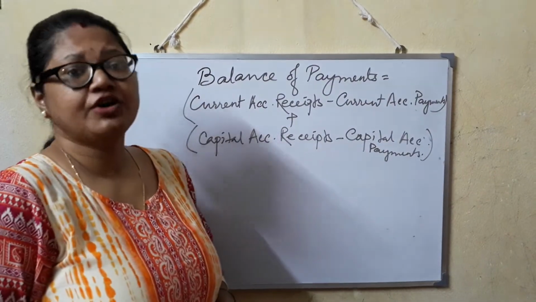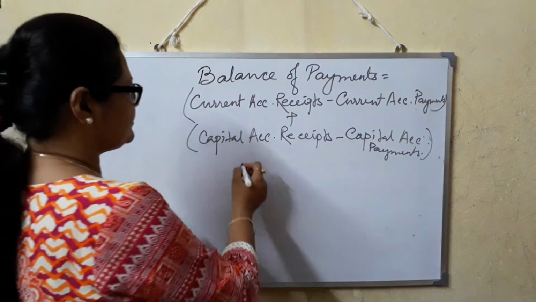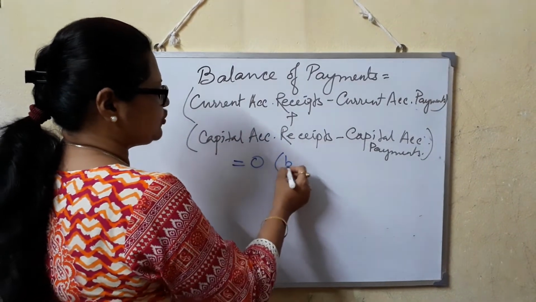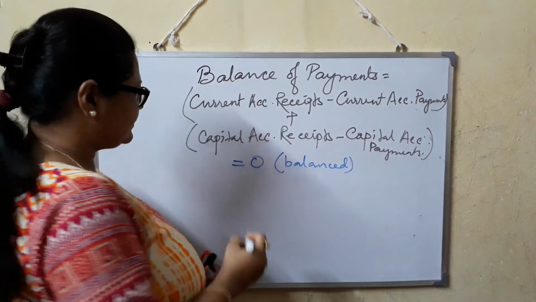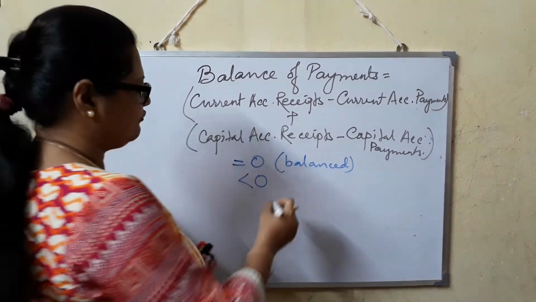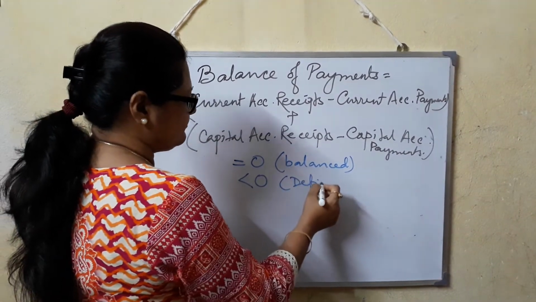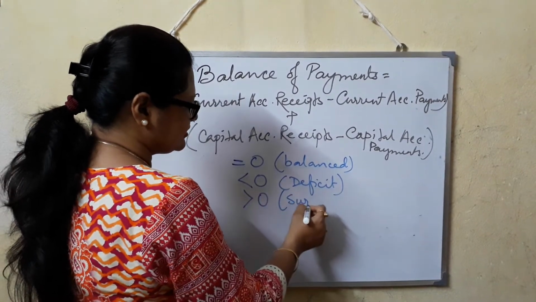If this is equal to 0, we take it to be balanced. If this is less than 0, that means it is negative, we have a deficit. And if this is greater than 0, we have a surplus.